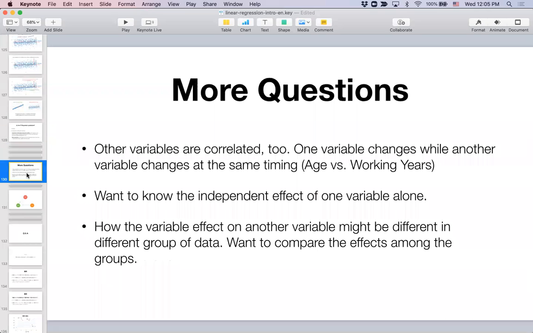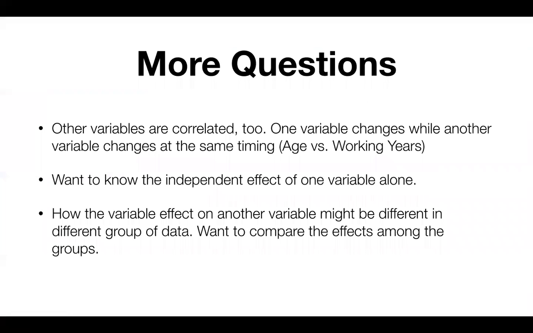Okay, so that's the pretty high-level basics of linear regression, but we still have more questions to answer. We have used a simple linear regression, but the truth is, in this data there are a lot of other variables, and they are correlated to one another. For example, age and working years should be correlated.